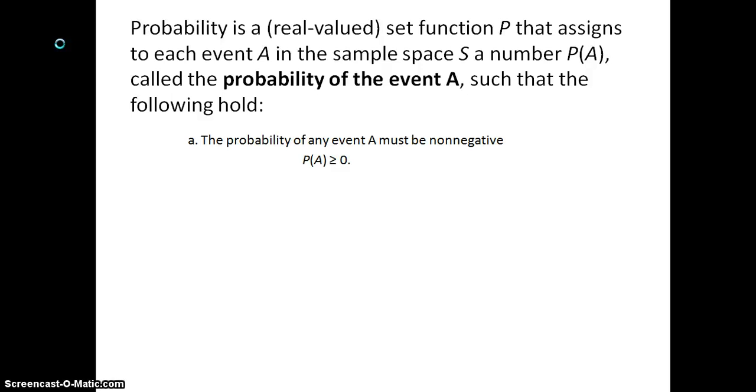First, the probability of any event A must be non-negative. So P of A has to be greater than or equal to 0. The second property is that the probability of the entire sample space is going to be equal to 1. Something has to happen. We have all the possible outcomes, then the probability of the sample space is equal to 1. This makes good sense.